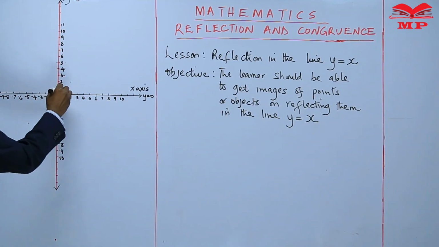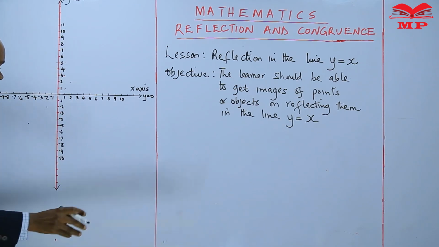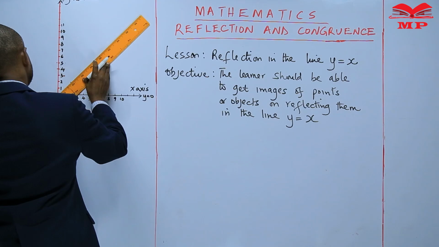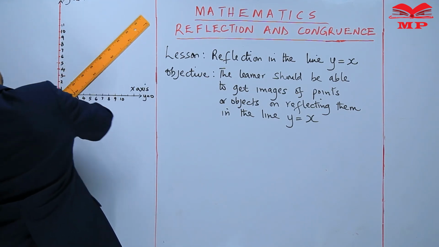So if you draw the line, it will have properties. You'll find it will be bisecting that right angle. It will in fact be a bisector of those two right angles.